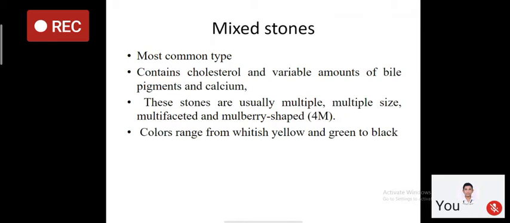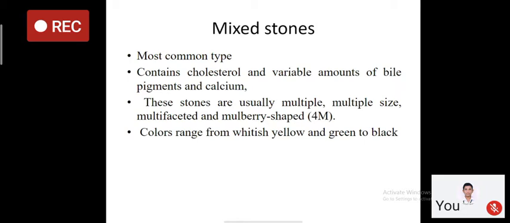So there are four M's. M: mixed stone, they are of multiple size, multifaceted, and mulberry shaped. The color of this stone is variable. It basically depends upon which constituent is predominant. It can be whitish if calcium is predominant, yellow if cholesterol is predominant, or green to black.